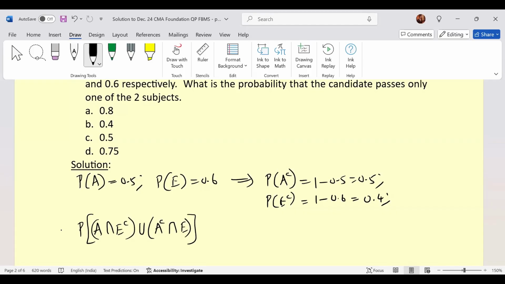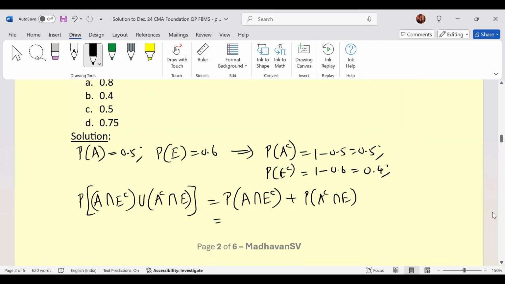These two joint events are mutually exclusive, so we can rewrite this as probability of A intersection E complement plus probability of A complement intersection E. Now A and E complement are independent, so we can write this as probability of A into probability of E complement plus probability of A complement multiplied by probability of E, which is 0.5 times E complement 0.4 plus A complement 0.5 and probability of E is 0.6.